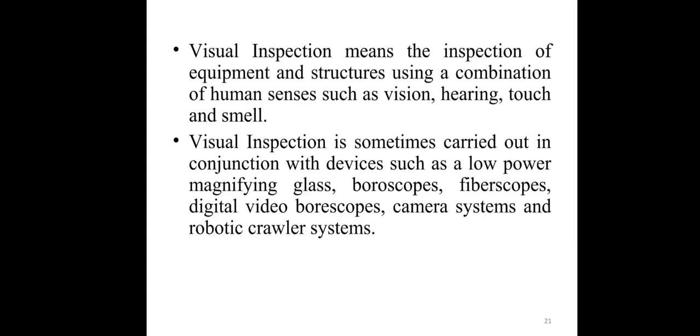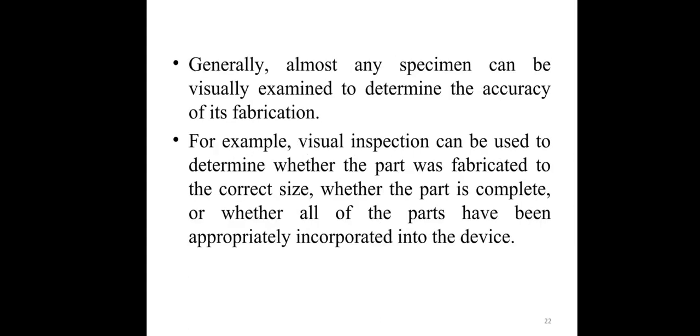Visual inspection means the inspection of equipment and structures using a combination of human senses such as vision, hearing, touch, and smell. It is sometimes carried out in conjunction with devices such as a low power magnifying glass, borescope, fibroscope, digital video borescope, camera system, and robotic crawler system.